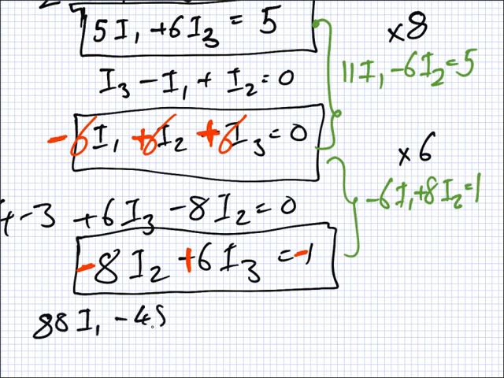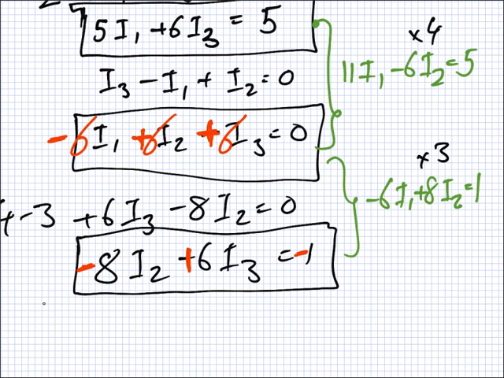Minus 48, isn't it? Oh, the smallest numbers, isn't there? Times 4 times 3, because they'd be about 24 then, thank you. 44I1 minus 24I2 equals 20.